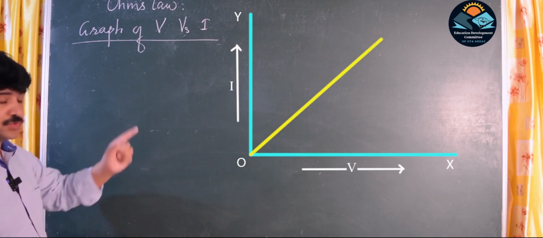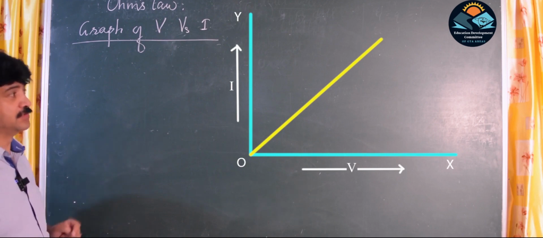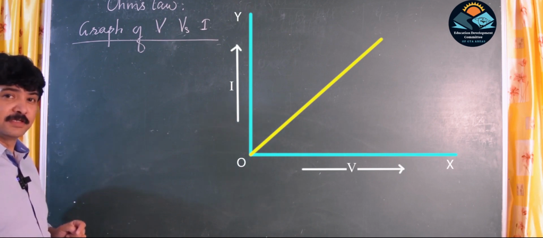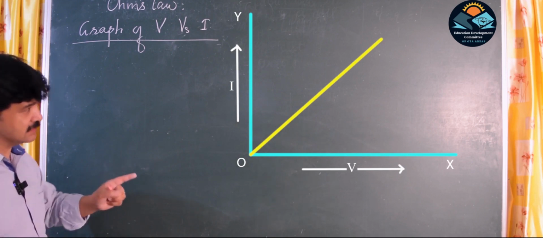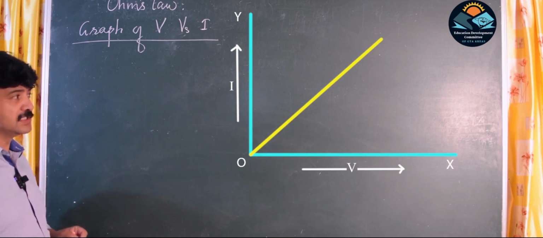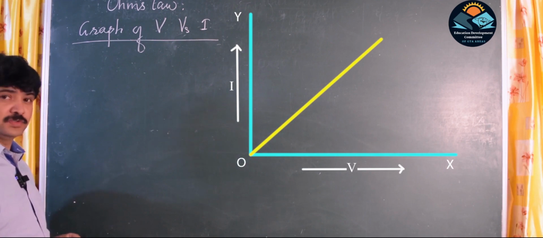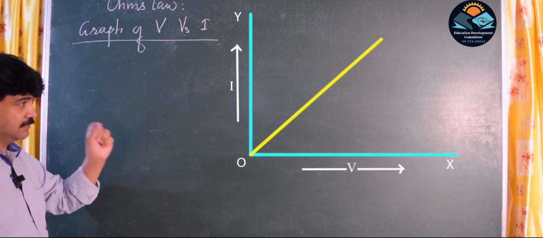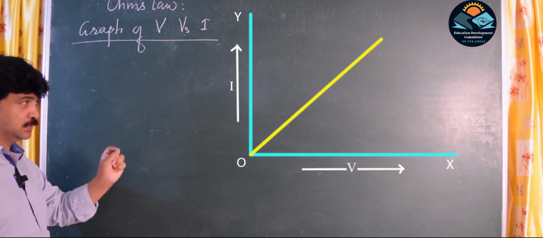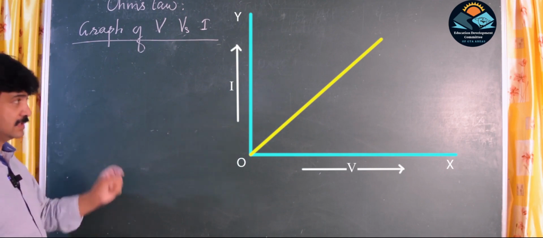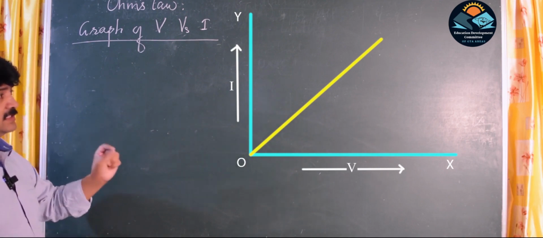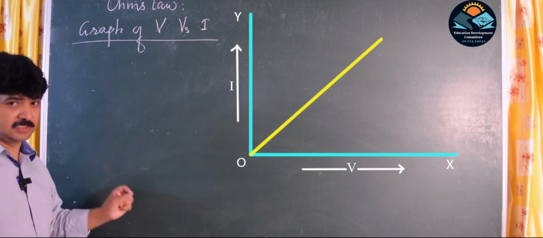That means a straight line passing through the origin, okay? That oblique straight line means that as the value of the potential difference increases, the value of current will also increase. When the value of the potential difference is 0, the current will also become 0. So this is the characteristic feature of a conductor.